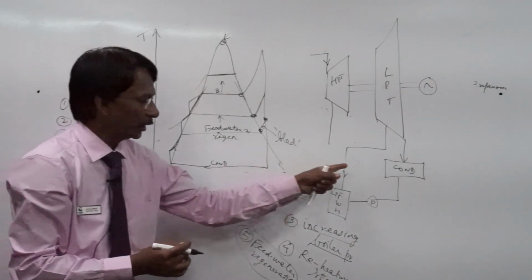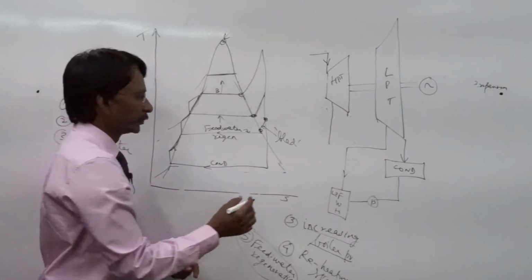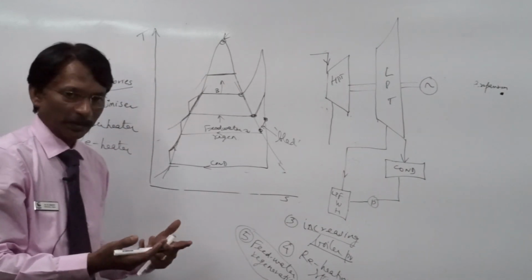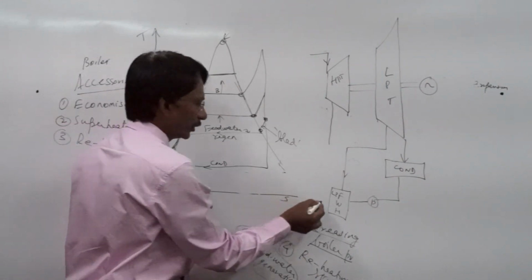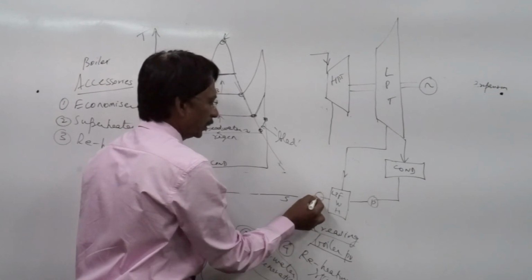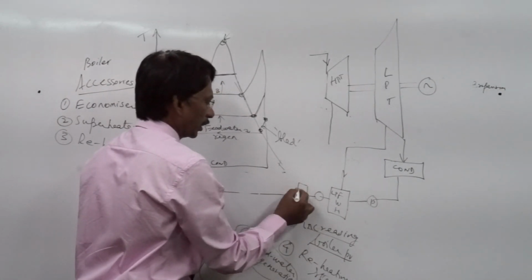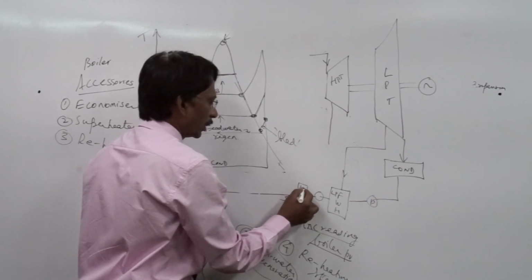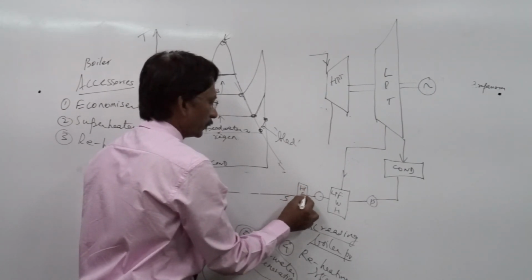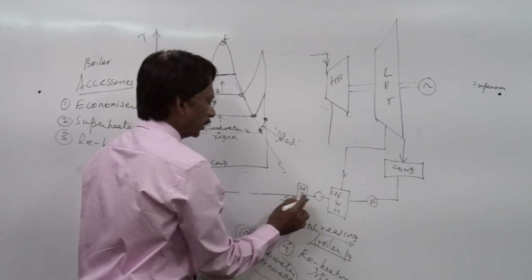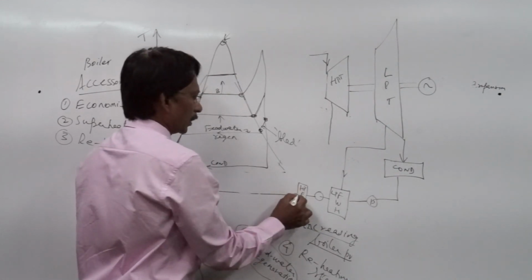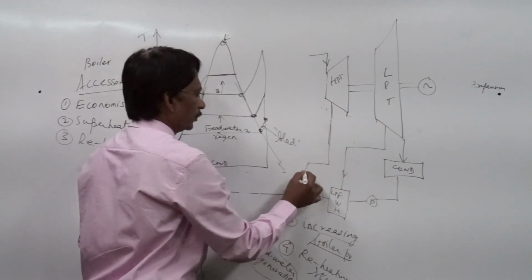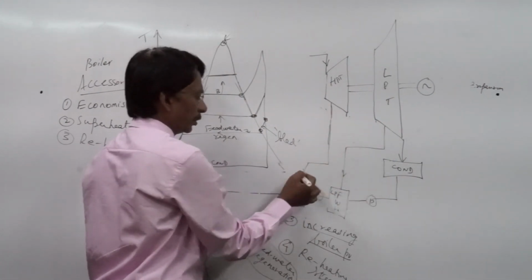A portion of the steam is mixed with the feed water in order to increase its sensible heat. Temperature is raised, and pump it again, and then bring it again to the next feed water heater, which is called high pressure feed water heater, wherein we bleed some steam from the high pressure turbine.